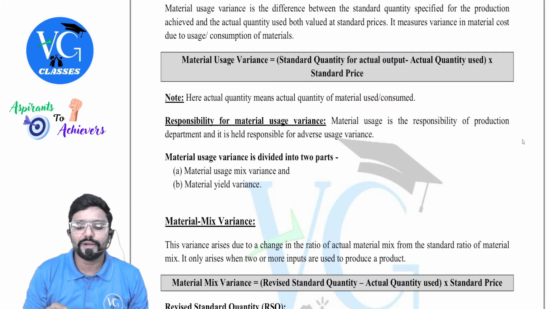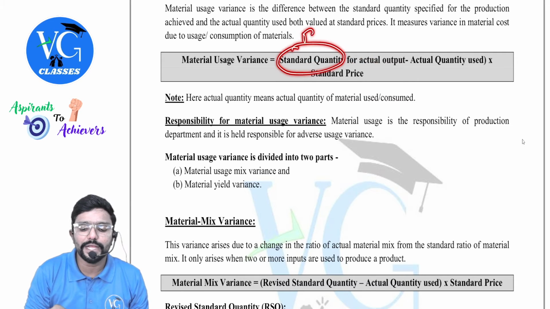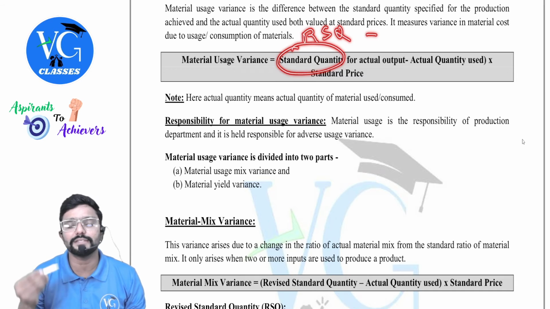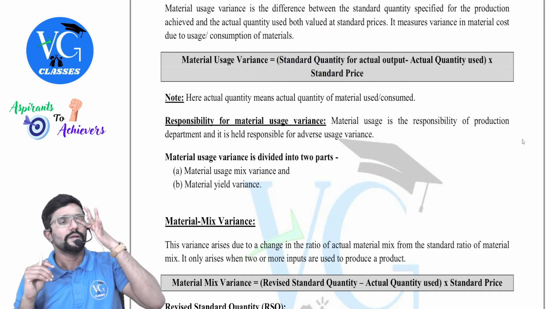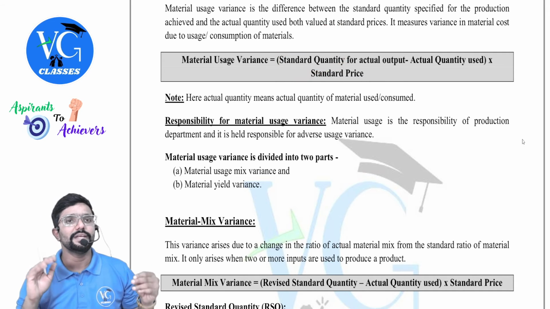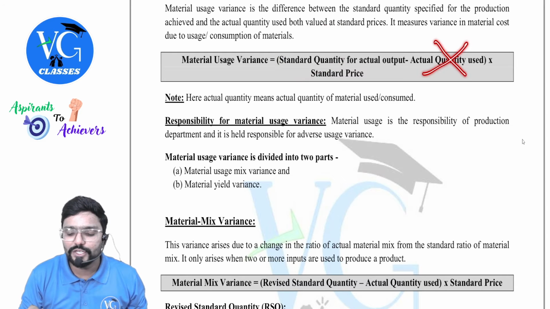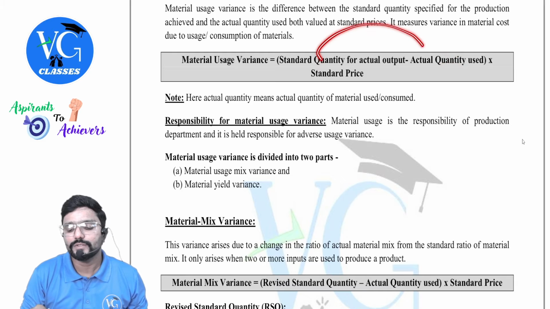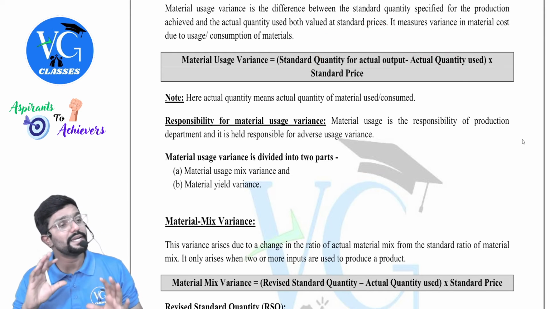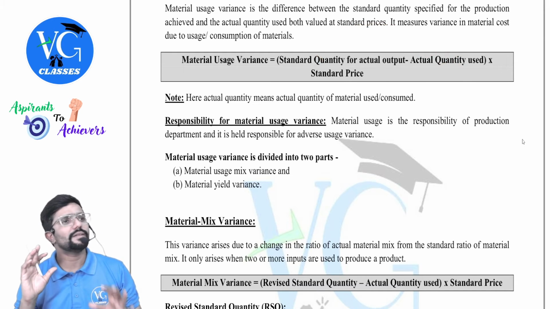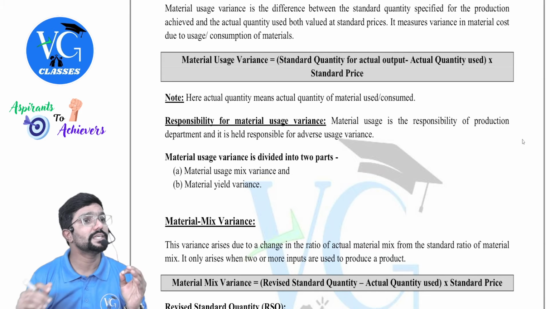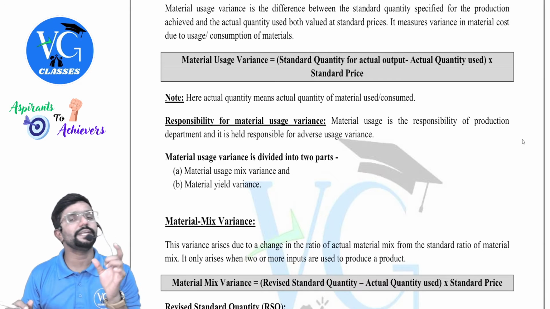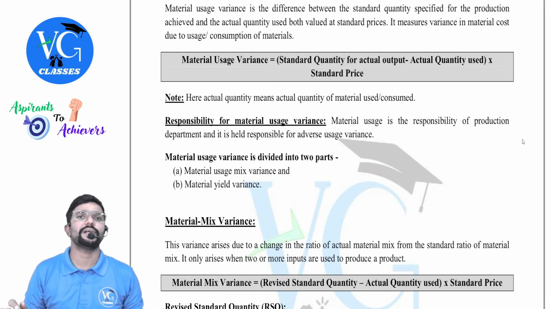Now for mix, what should you do? Instead of standard quantity, we take revised standard quantity minus actual quantity. And for yield, remove actual quantity and take the standard quantity to the other side. What is the formula for yield variance? Standard quantity minus revised standard quantity.